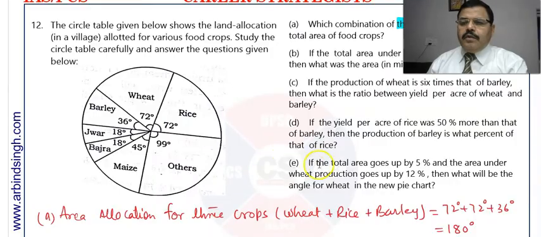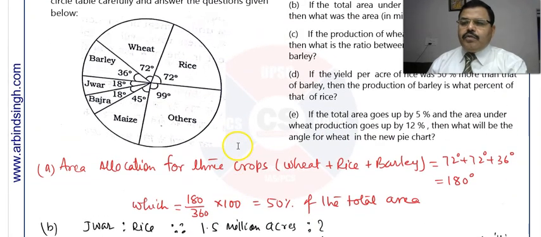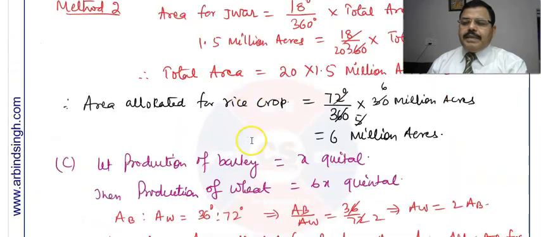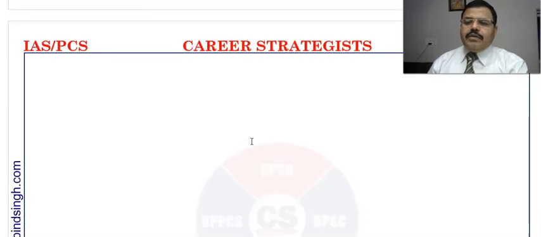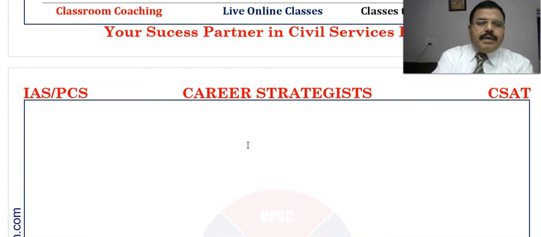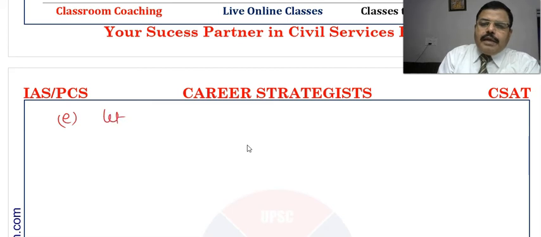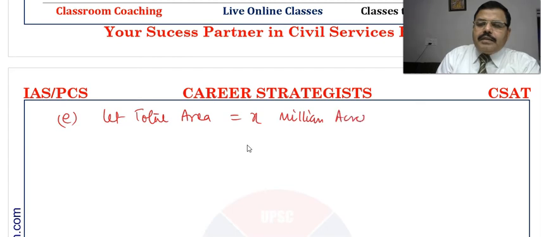Okay. Now it is given that if the total area goes up by 5%, then the area under wheat production goes up by 12%, then what will be the angle of wheat for the new pie chart? So the total area goes up 5%. For this part of the question, let the total area be x million acres, right?